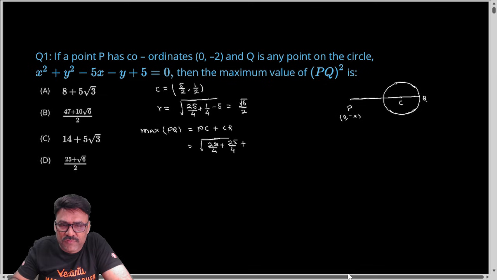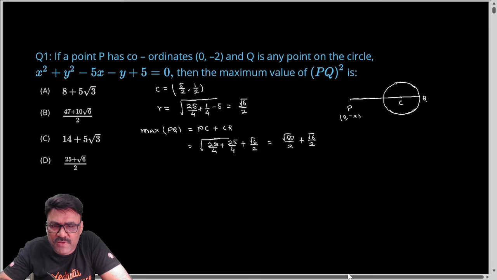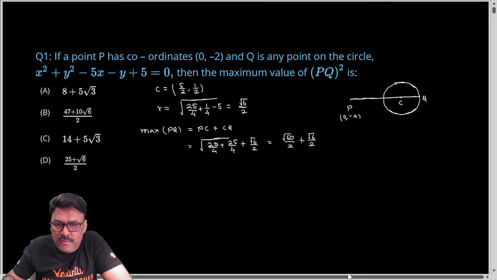Plus CQ is root 6 by 2. So it is root 50 by 2 plus root 6 by 2. Maximum PQ is root 50 plus root 6 over 2.